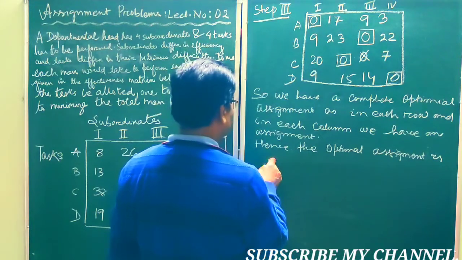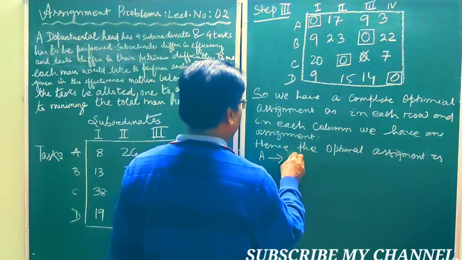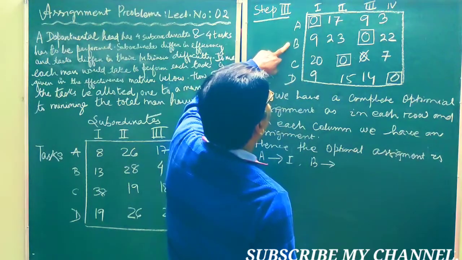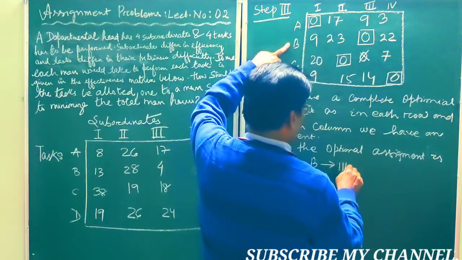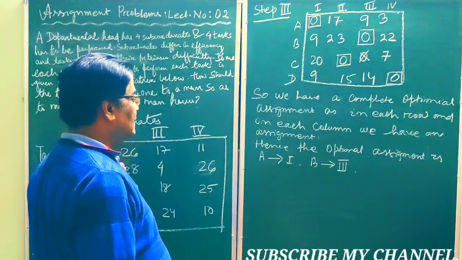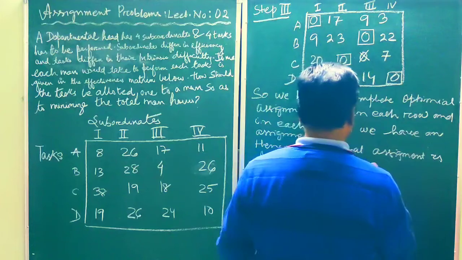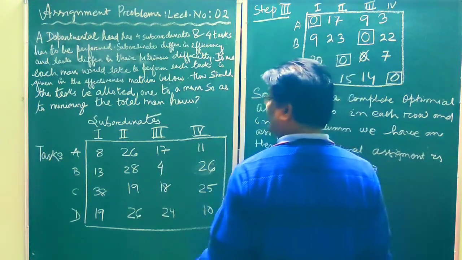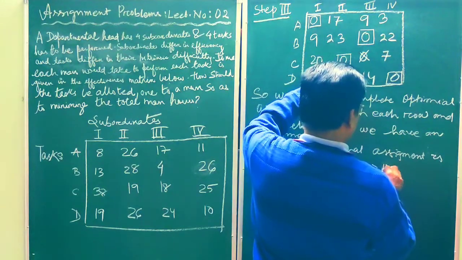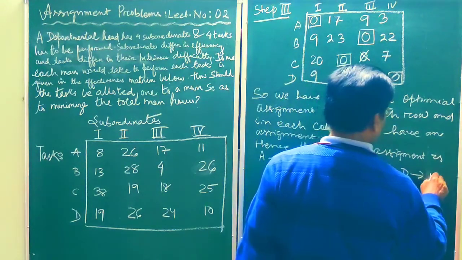Hence, the optimal assignment is: task A is assigned to subordinate first, task B is assigned to subordinate third, task C is assigned to subordinate second, and task D is assigned to subordinate 4.